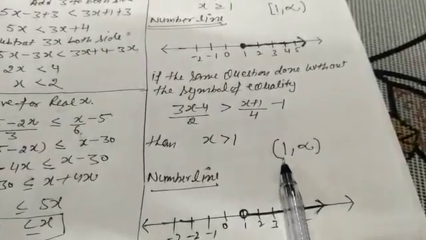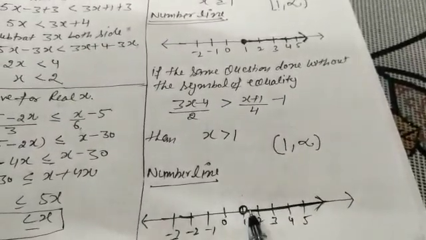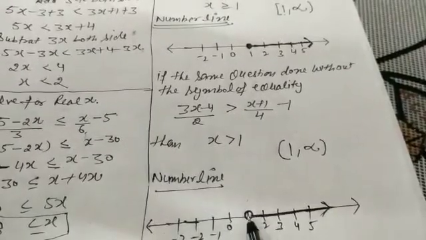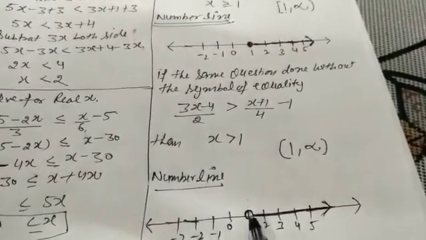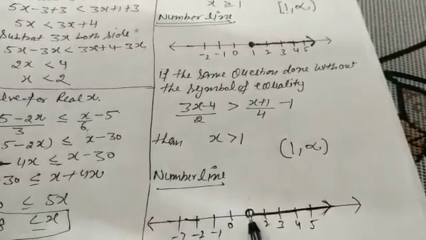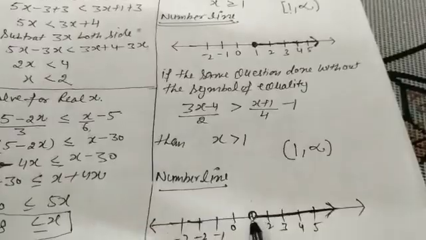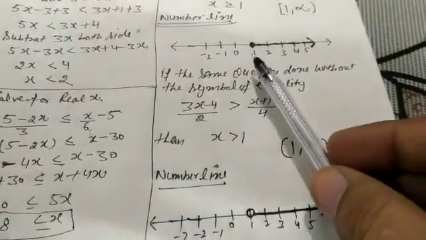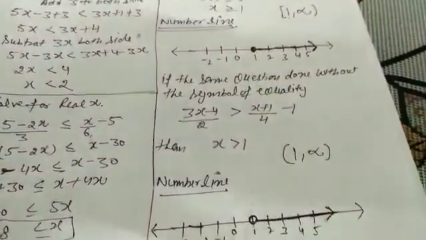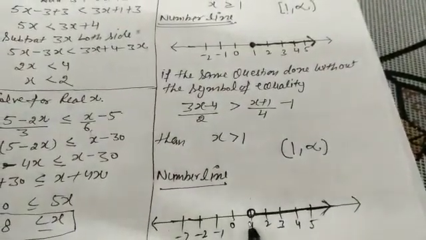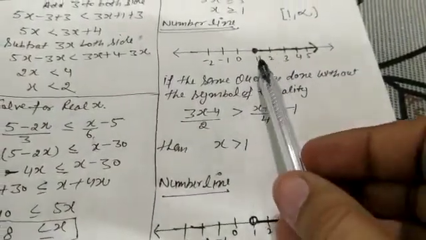In case of an open bracket, we mark the value here, but there is no need to darken that circle. It indicates that this value is not included. Values greater than this one will be included, not this one. The dark circle and the not-dark circle indicate these two things: this value is not involved and this value is involved.